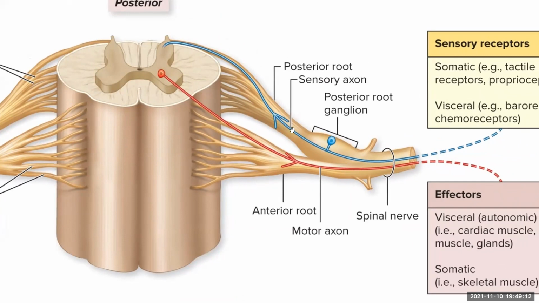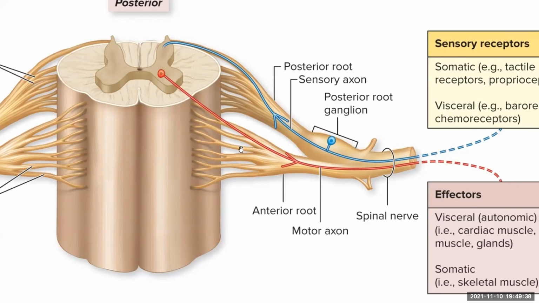And then you can see as we get closer to the spinal cord itself, the posterior root just branches off into these smaller structures. And those are going to be called the posterior rootlets. Same here on the anterior portion. You've got the anterior root, and then you'll notice how it branches off into smaller structures, and those are the anterior rootlets.